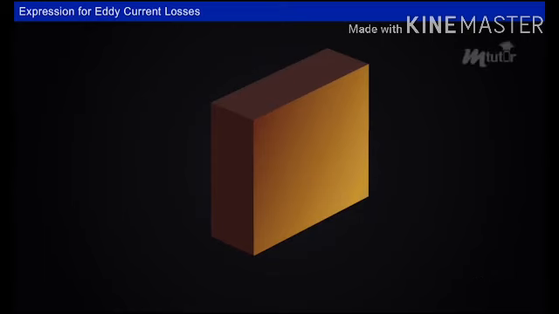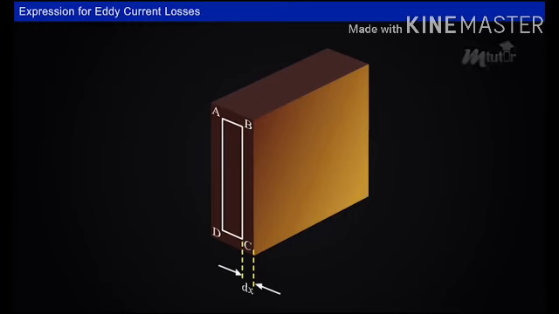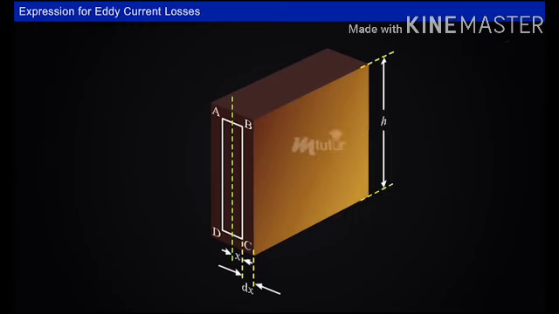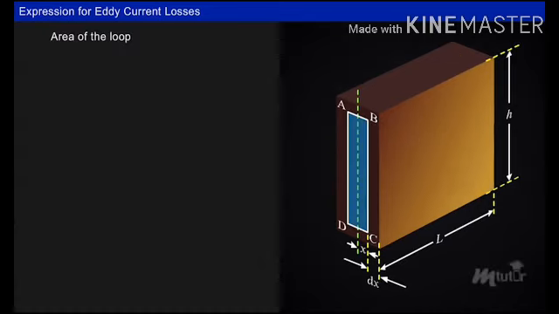Consider a small elemental rectangular closed path ABCDA of thickness dx and at a distance x from the origin. Let the height of the core be h and length be L. Area of the loop ABCD is equal to 2hx.